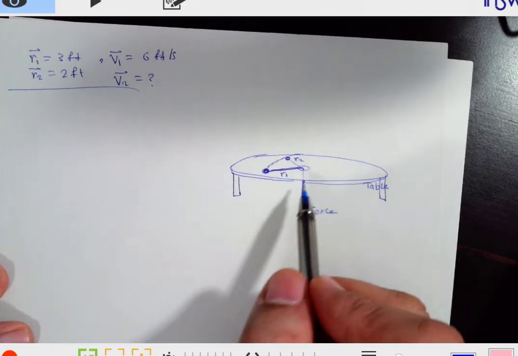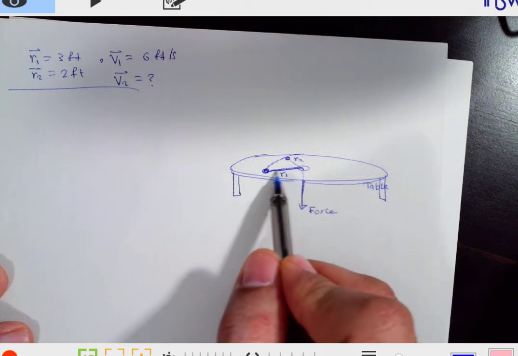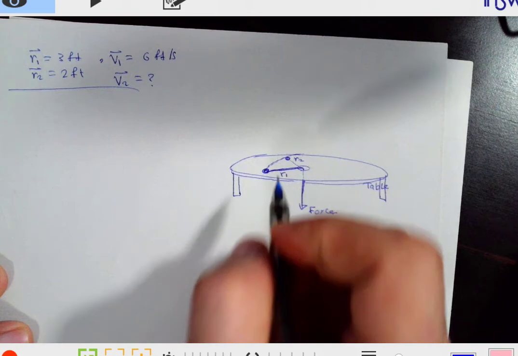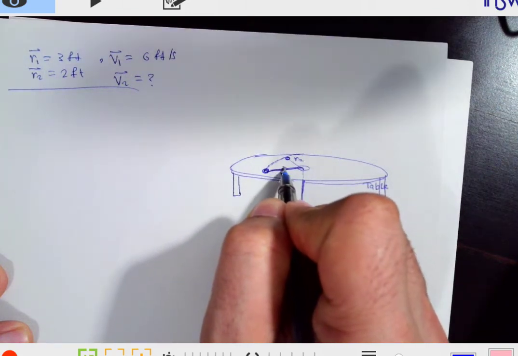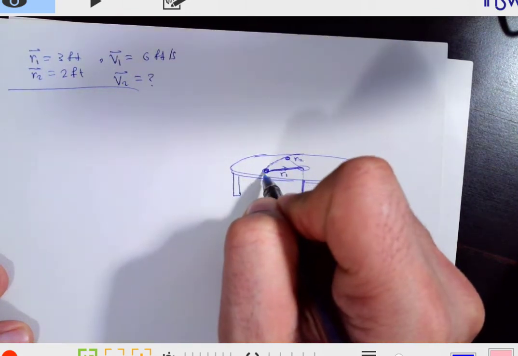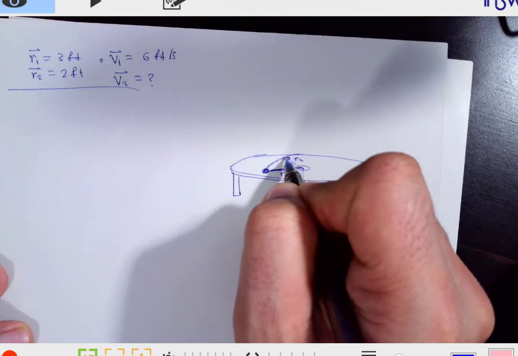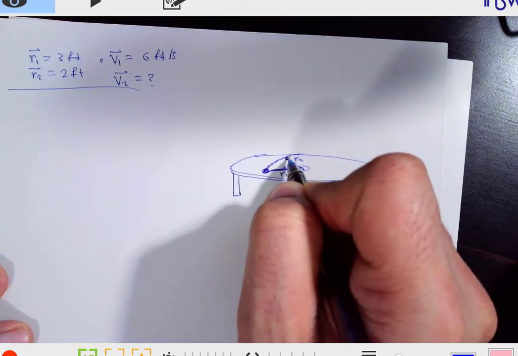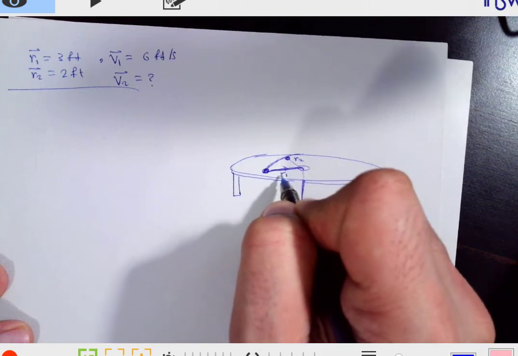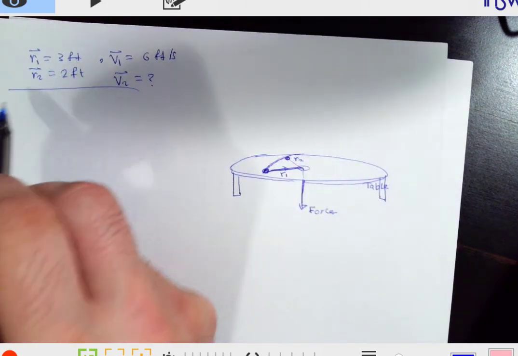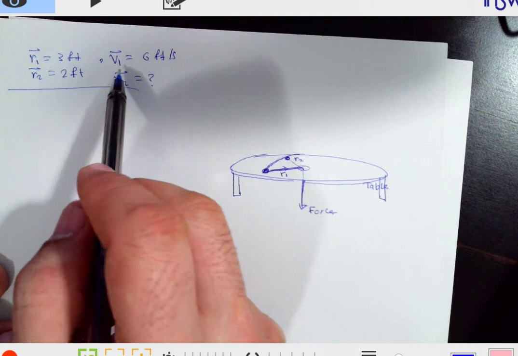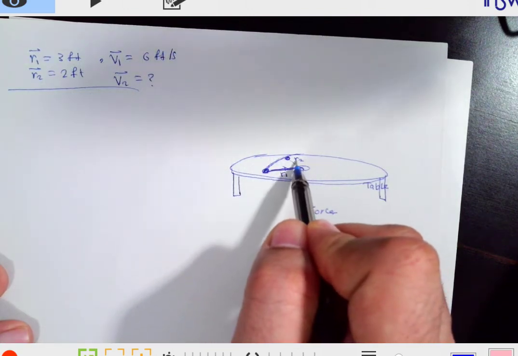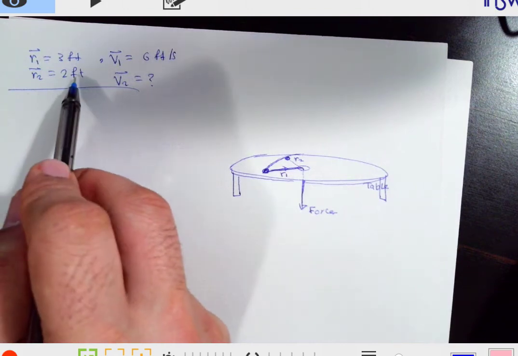So we have a ball attached to a cord being pulled by a force. So the cord has a tension, and that is the curve or the path of the ball. It goes from R1, 3 feet, with a velocity of 6 feet per second, and changes into R2, 2 feet.